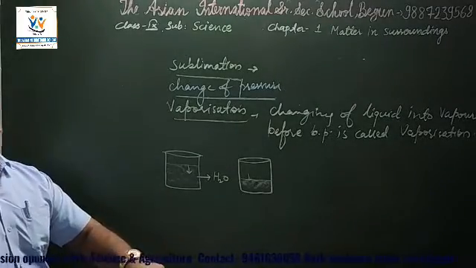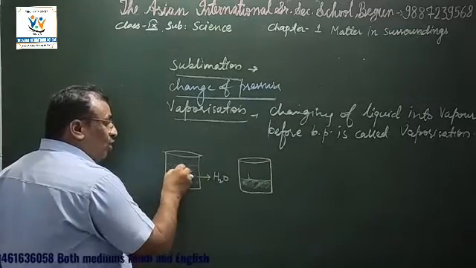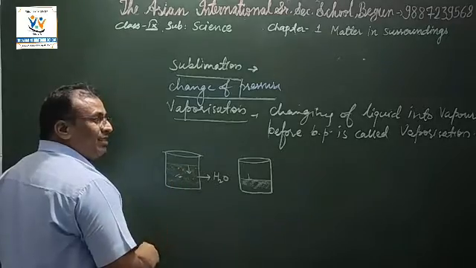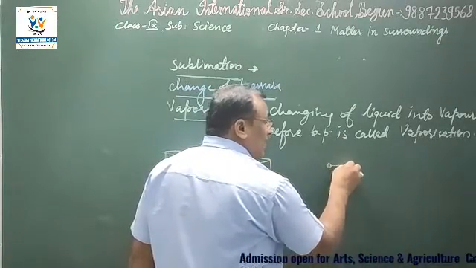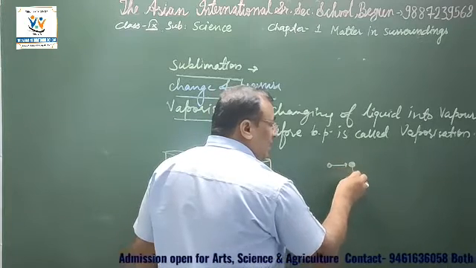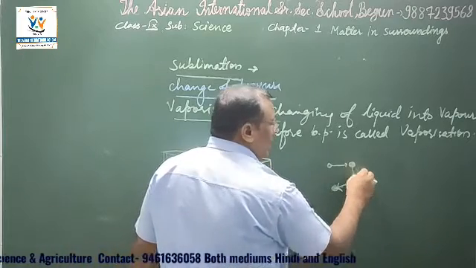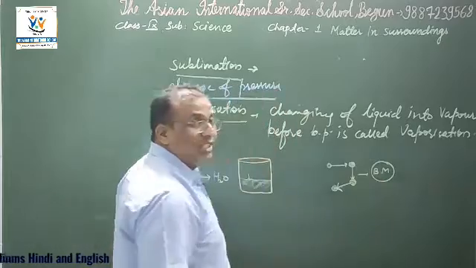Before its boiling point, many particles present inside the water strike each other. One particle strikes another particle, which strikes another again. In this way, Brownian movement of the particles can be seen here.